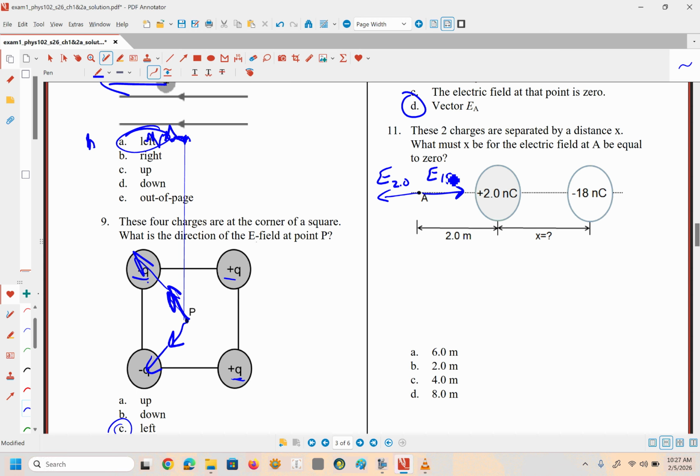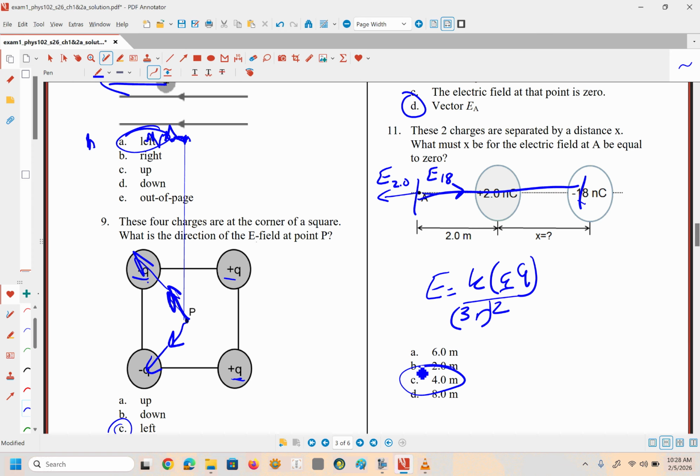But look, the other charge is 9 times bigger, so I need a distance that's 3 times as far away. So this distance needs to be 3 times the 2 meters, a total of 6 meters. And so, not A, sorry. It should be 4, because 4 plus 2 is equal to 6.